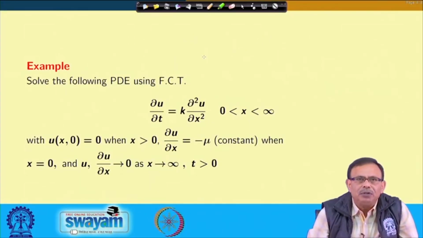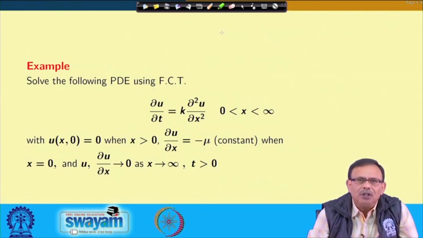We want to find the solution of the PDE using the Fourier cosine transform. The equation is del u del t equals k del 2 u del x square, where x lies between 0 to infinity, with u(x, 0) equals 0 and del u del x equals minus mu, which is a constant. Also u and del u del x approach 0 as x approaches infinity.